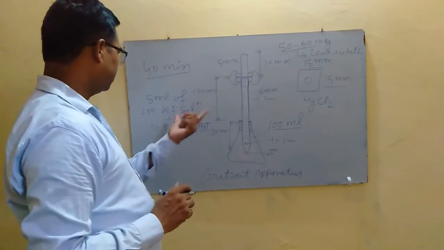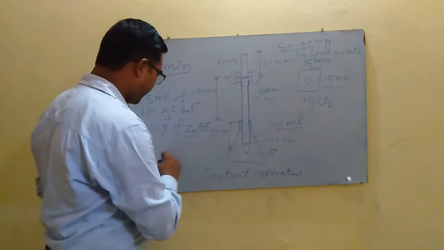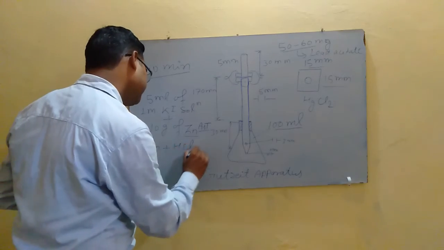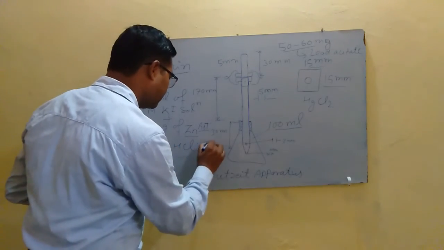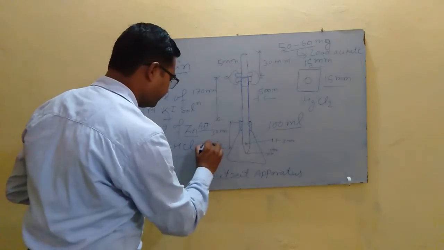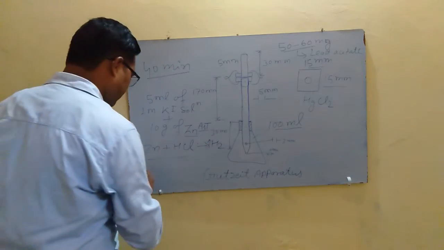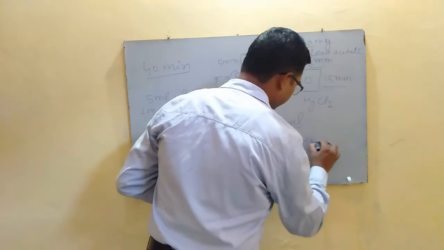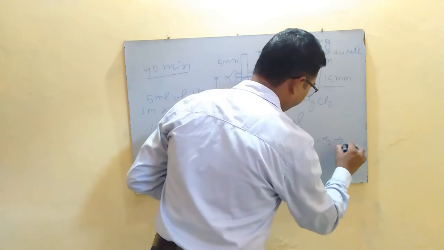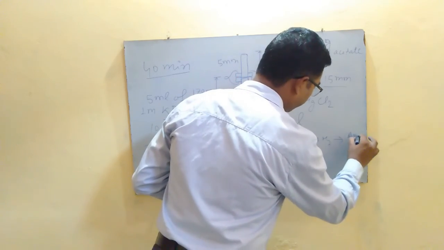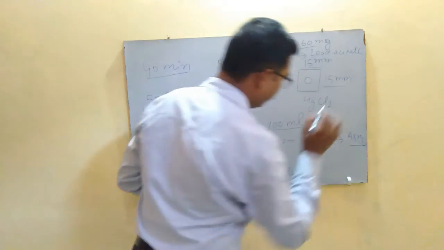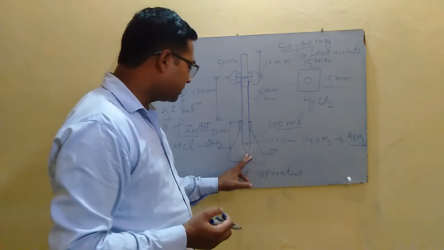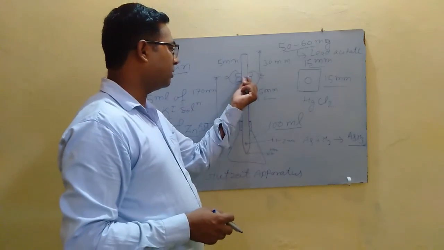When zinc reacts with HCl, it produces hydrogen gas. This hydrogen gas converts the arsenic present in the sample into the form of AsH3, that is arsine gas, and this gas reaches through this tube to the mercuric chloride paper.